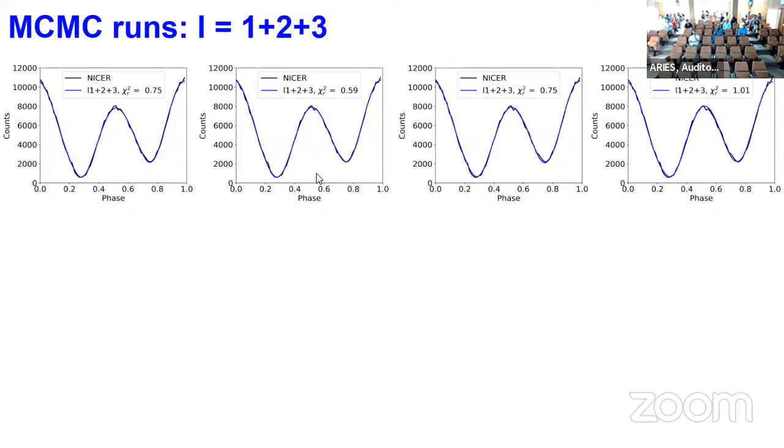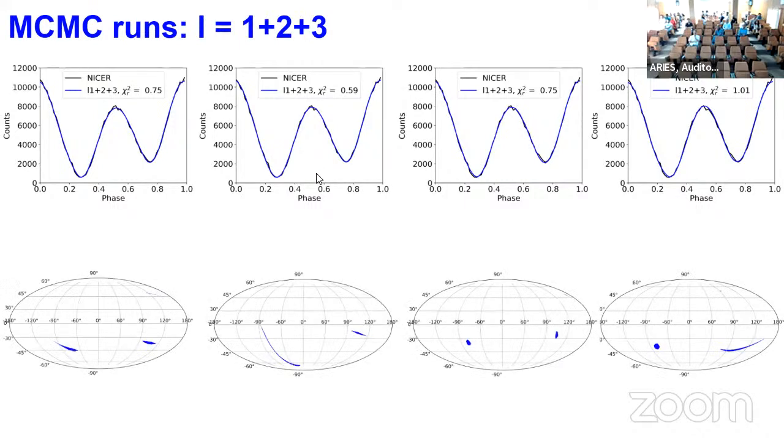And by unique, I mean in terms of emission geometry. I have different parameters producing similar light curves, but they are of the same family. And by family, I mean they look really the same in terms of the emission sites here. So these 4 are unique solutions.